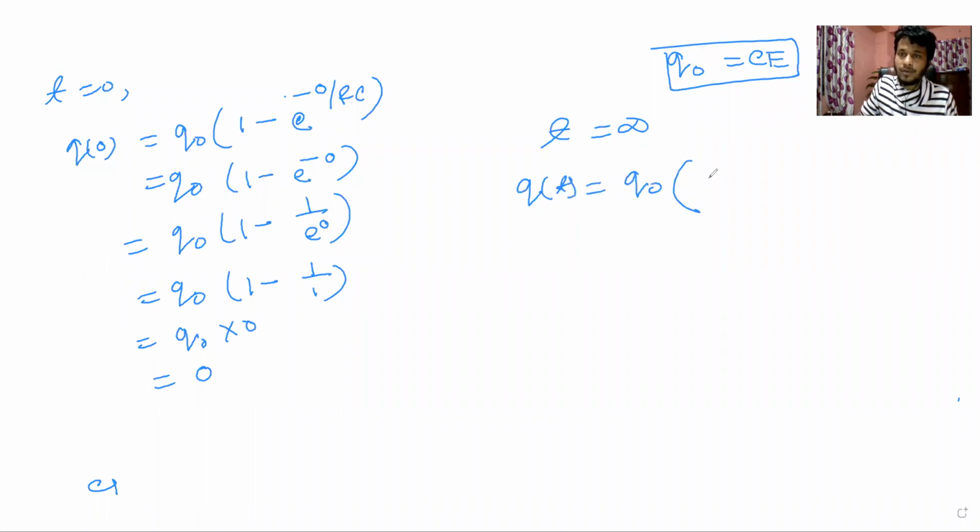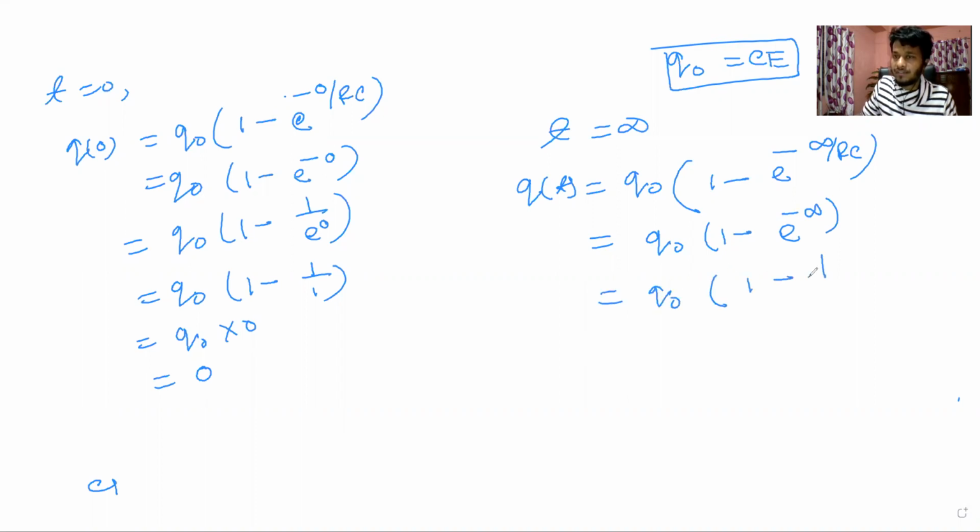It is Q naught times 1 minus e to the power minus infinity by RC. If we divide infinity by a finite value, we get infinity. Then e to the power infinity is infinity, so this will be 1 upon infinity, which equals 0.